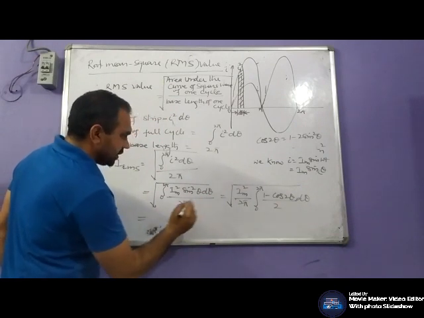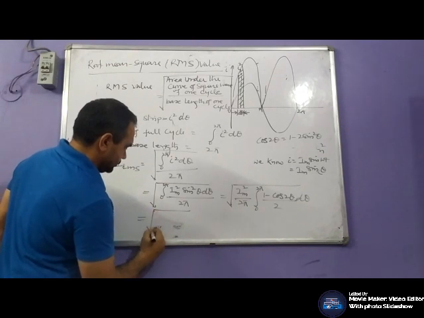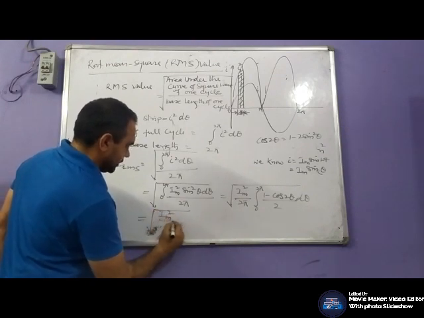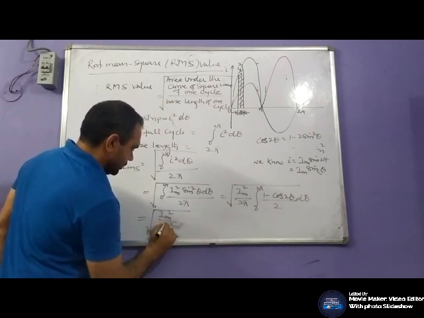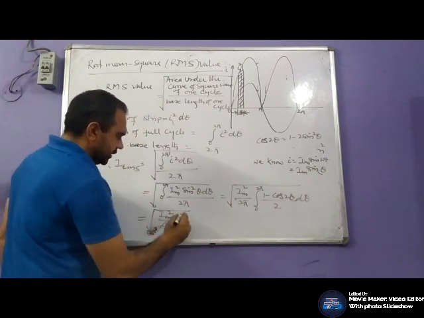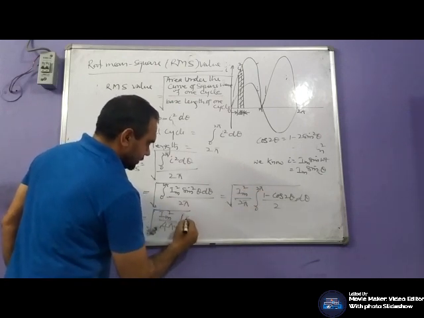Now integrate it. Im square 2 pi or 4 pi integration of 1 plus cos 2 theta.